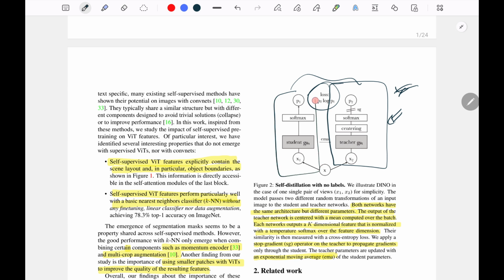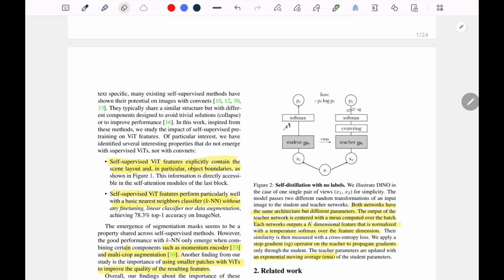The backprop happens on the student side, and they carry the weights over to the teacher through an EMA, an exponentially moving average. Between cycles, they are moving the weights of the student to the teacher.